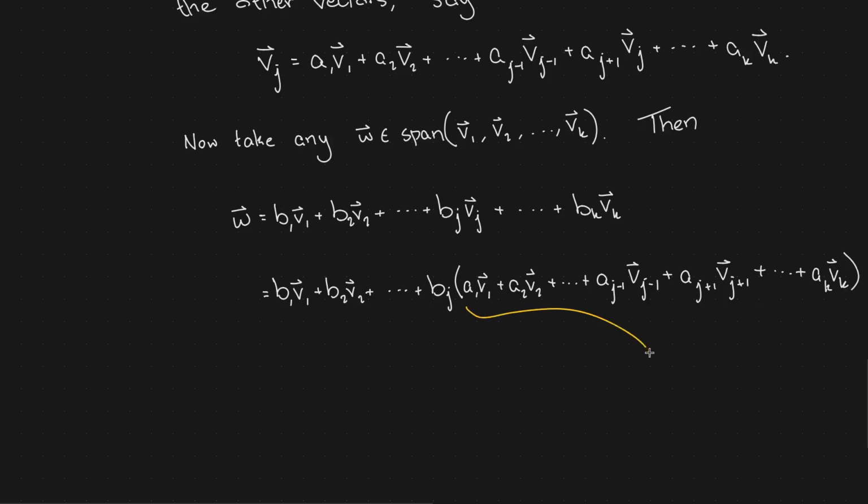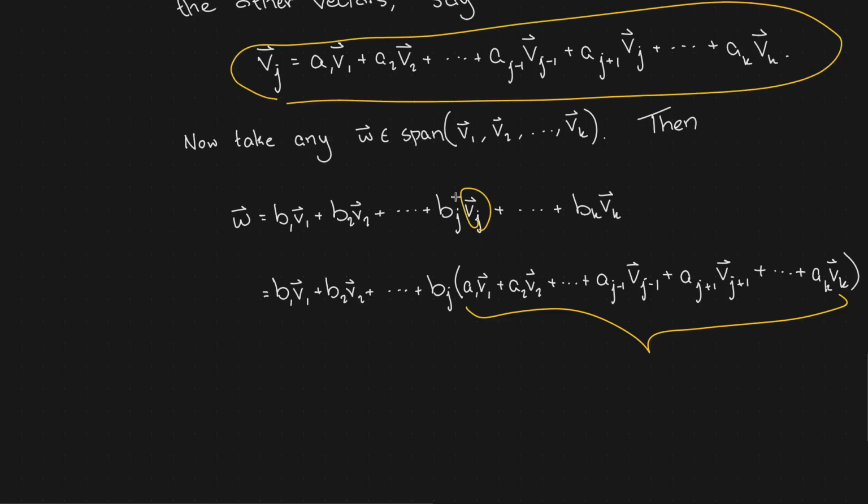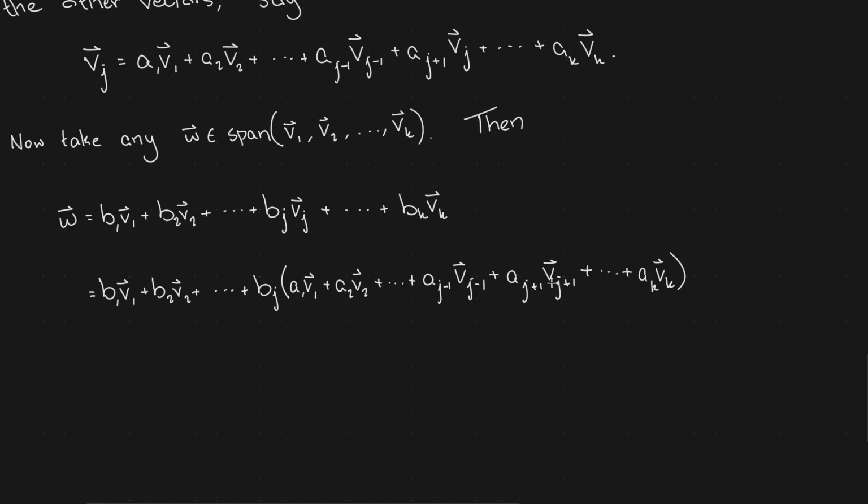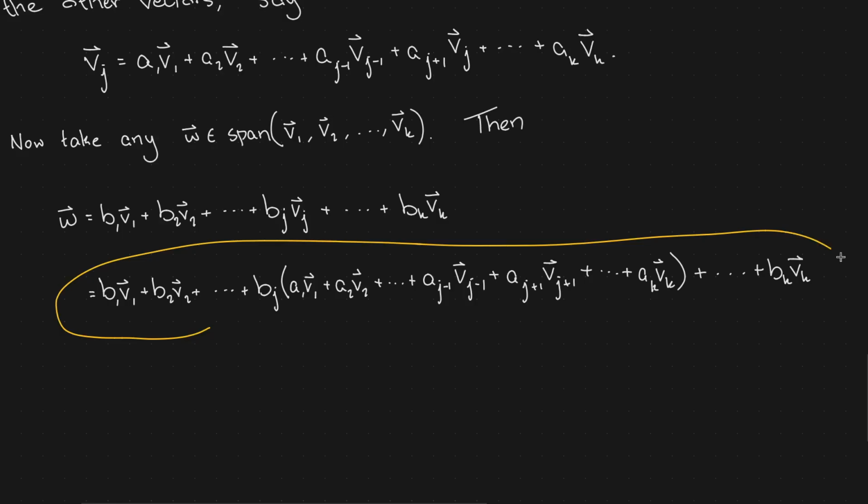All of this is the same as vj. All I'm doing is substituting. And then at the end I have plus bk vk. Notice now vector vj is gone. I've swapped it out with an expression involving the other vectors instead.